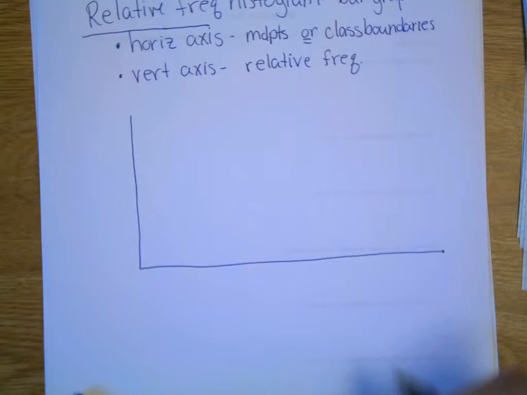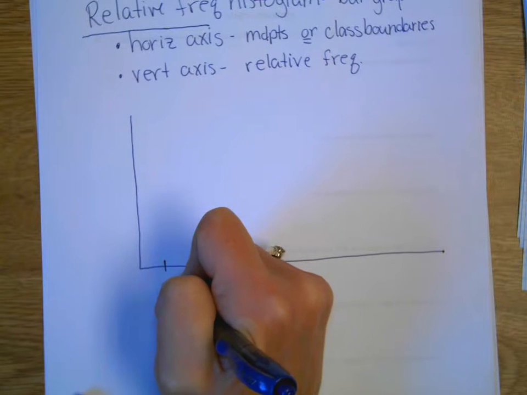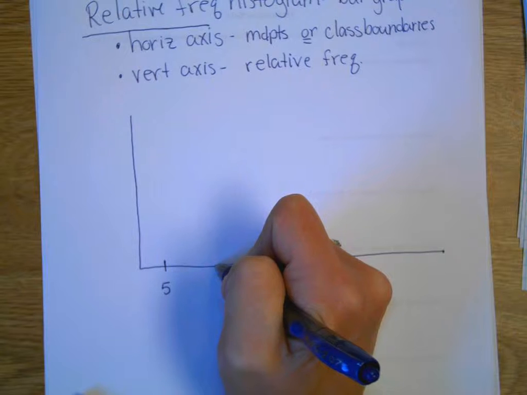So if we go with midpoints like we just got done doing, we'll put my 5 here. And then add 11.